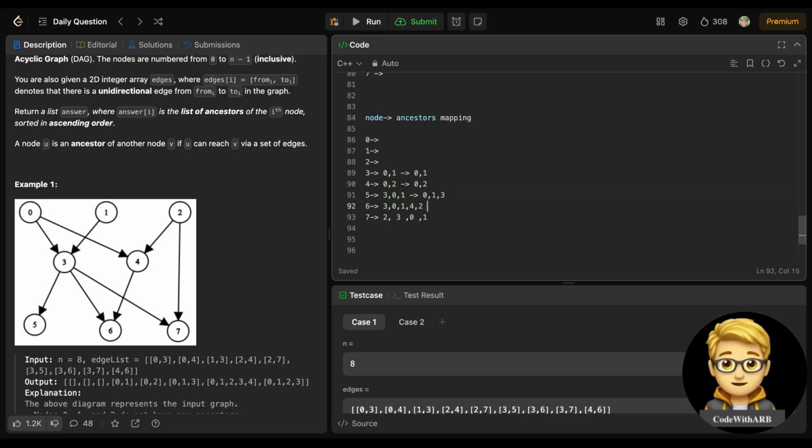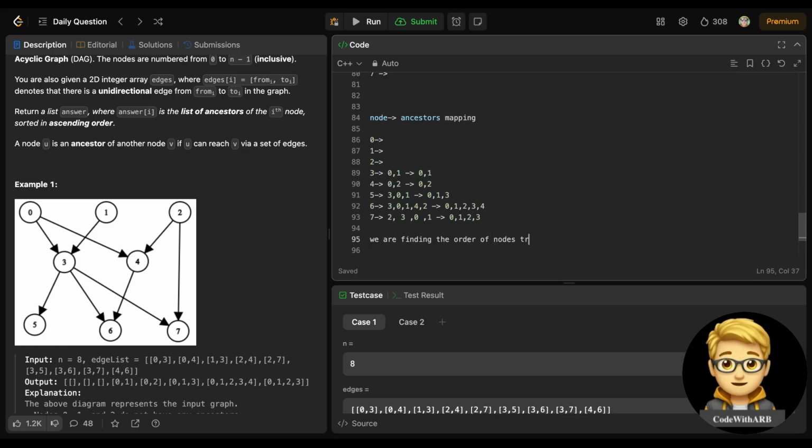So basically, what we are doing is finding the order of node traversal using topological sort, right?